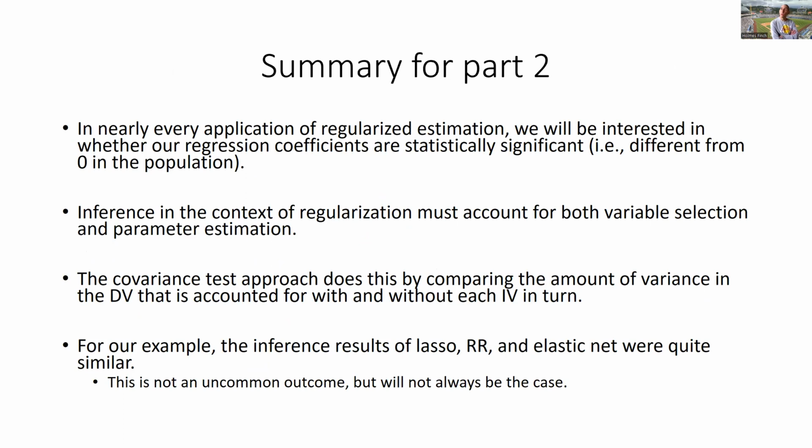So what have we learned? Well, when we run regularized estimation, we're going to get the reduced set of variables. But almost always, we're also going to want to know, are they statistically significant? I mean, imagine sending this to a journal, right? You run the analysis, you decide, first of all, I've got a small sample, a lot of independent variables, and regular regression is just not going to cut it for me.